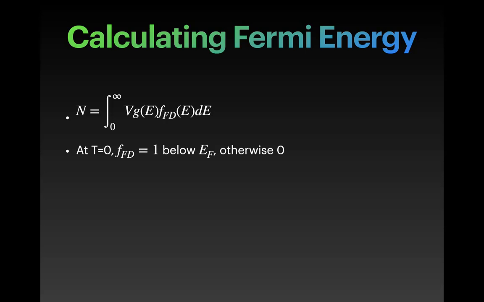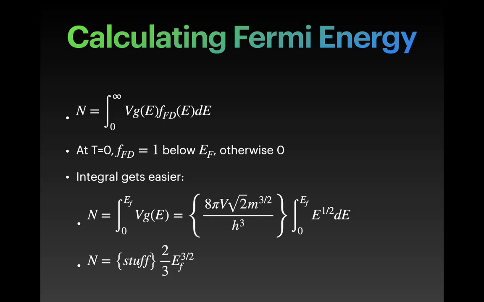Putting that into math terms, the Fermi-Dirac distribution becomes really simple. It's just a step function. Below the Fermi energy it's equal to 1, and above that it's equal to 0. So that makes our integral easier. We don't have to integrate all the way to infinity. We just integrate to the Fermi energy.